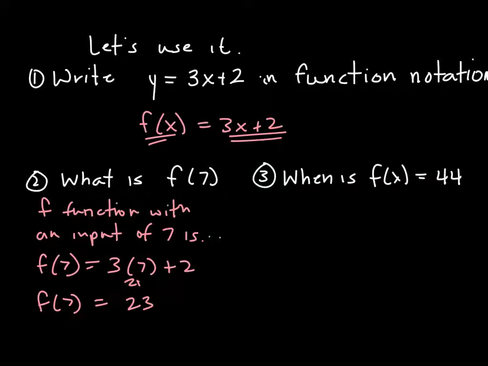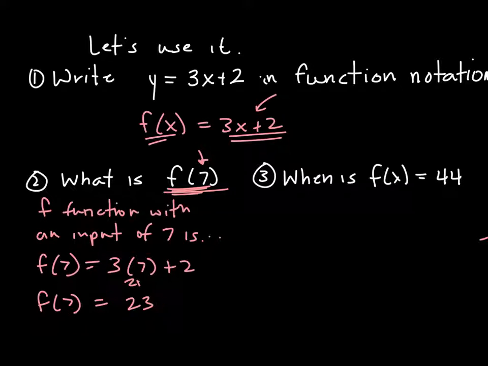So again, if the number is replaced on the inside, we are asking you on the calculating side here, throw a 7 in and tell me what the answer is. So the f function with an input of 7 is 23. So that's how you can think of this question. So it says, when is f of x equal to 44?